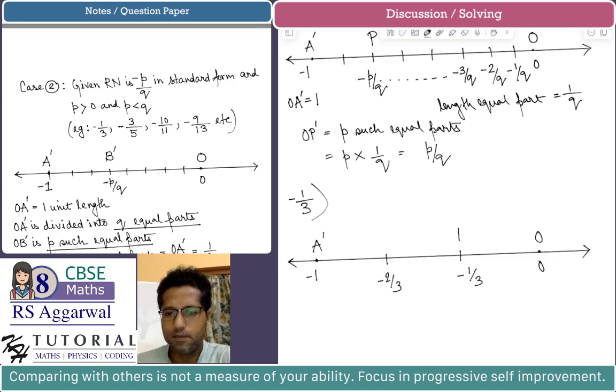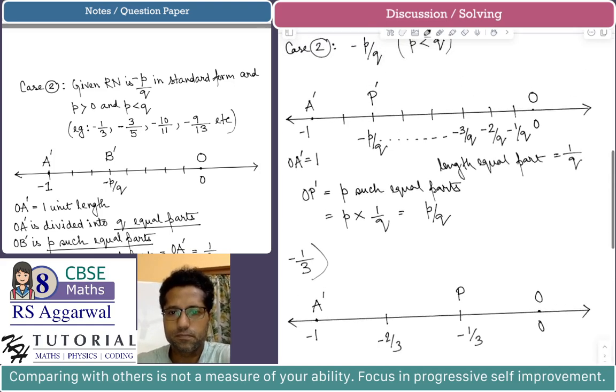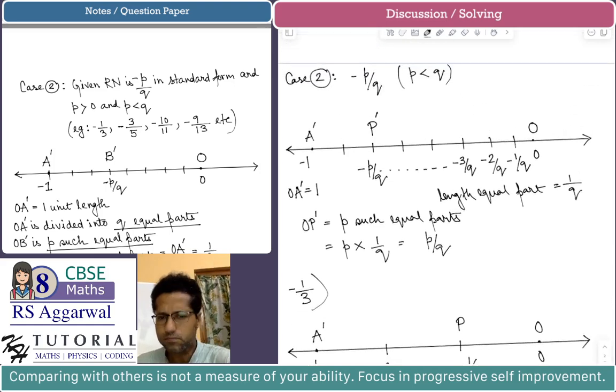And if P is the point of the marking which is one such equal part, because the numerator is 1, as you remember that we discussed, to represent the rational number p by q, we divided OA dash into q such equal parts, and then we considered the point p dash in between O and A dash, such that the length of OP dash is equal to p equal parts, where each equal part is of length 1 by q.